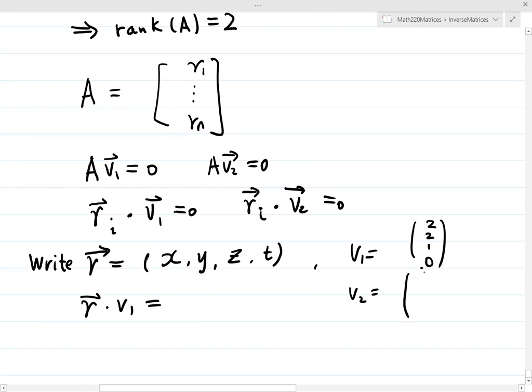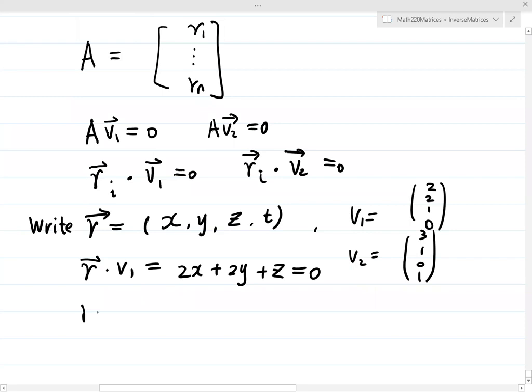V2 is (3, 1, 0, 1). Taking the dot product, R dot V1 is 2x plus 2y plus 1 times z, which is z, with no t term, and this should be 0. And then R dot V2 is 3x plus y plus no z plus t, which is 0.